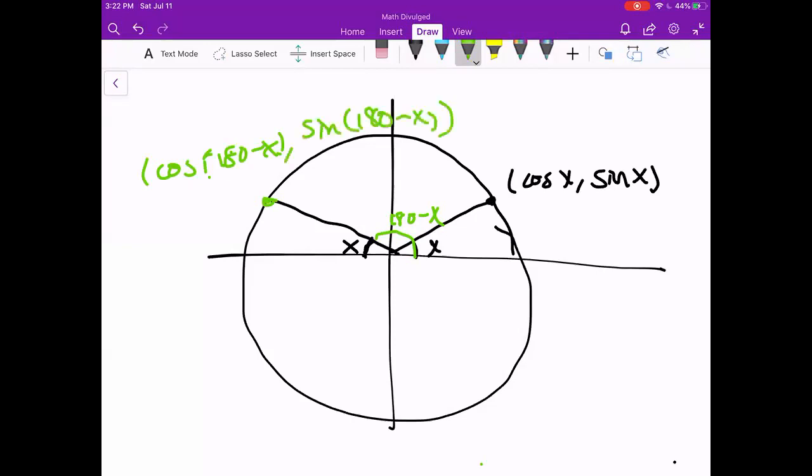So that's the value of this point. By symmetry, you realize that this triangle here and this triangle here are exactly the same because they both have an angle of x and they both have a right angle. So their legs must have the same length, as in this leg is equal to this leg, and also this leg is equal to this leg.